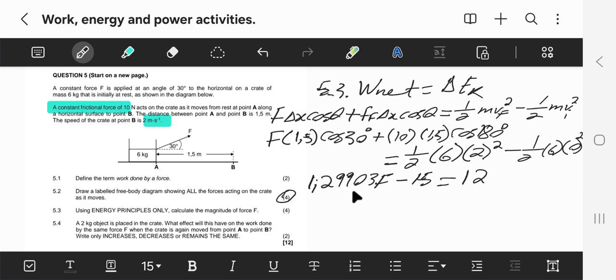So on this side I have 12, so this -15 will be taken to the other side. So I'm going to have 1,29903F.